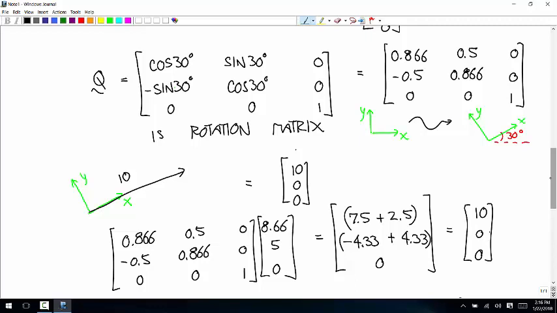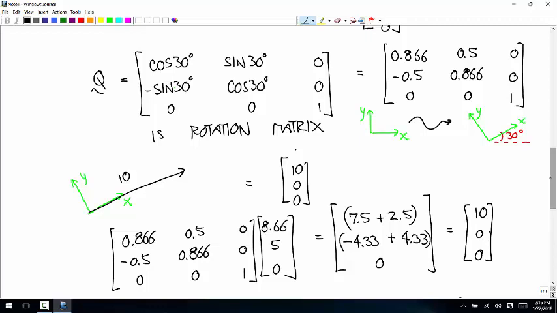So that component's going to be 0.866. It would be short in the negative y, so that component's going to be negative 0.5. Nothing in z, because we're not even dealing with that. And so the first column of the rotation matrix is 0.866, negative 0.5, 0.